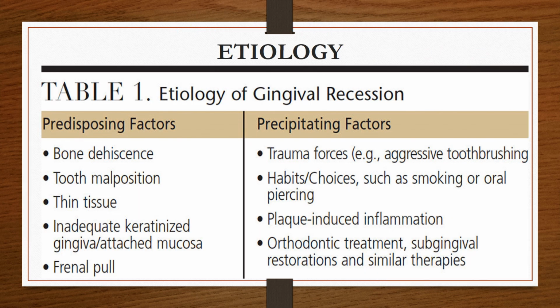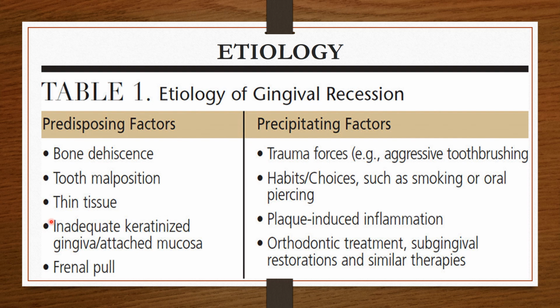So coming to the etiological factors for gingival recession, they can be classified into predisposing factors and precipitating factors. So always the gingival margin discrepancies follow the position of the teeth in the arch, root bone angle and mesiodistal curvature of the tooth surfaces. So what are the factors that are responsible for it or predisposing to it?